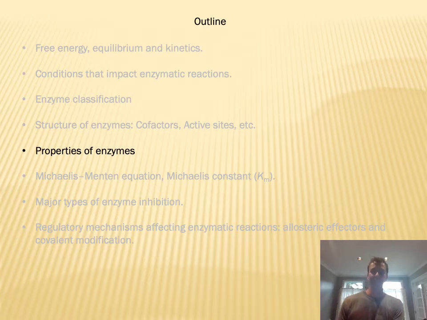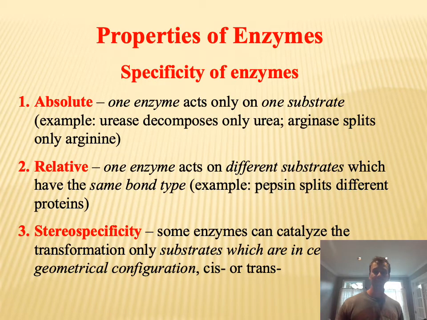Let's talk through the properties of enzymes, and then we'll talk about the Michaelis-Menten equation. I touched on this briefly, but the specificity of enzymes can either be absolute or relative. In the case of absolute, one enzyme acts on only one substrate. And shown here are some examples.